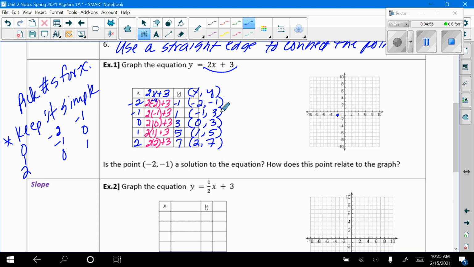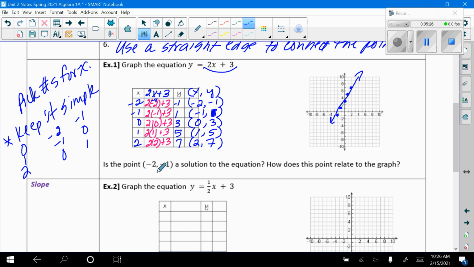Negative 1, 1. Oops, I made a mistake earlier. It can't be negative 1, 3. It's going to be negative 1, 1. Then 0, 3, 1, 5, and 2, 7. And make a pretty line.